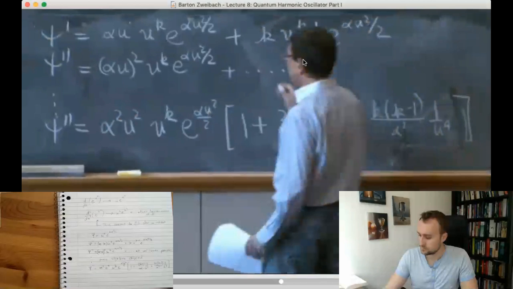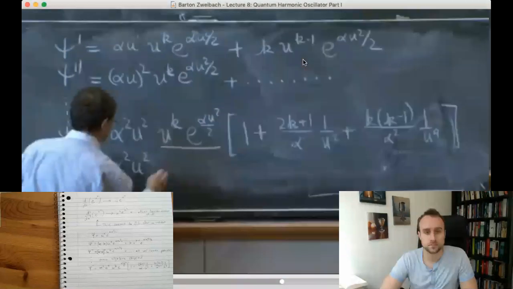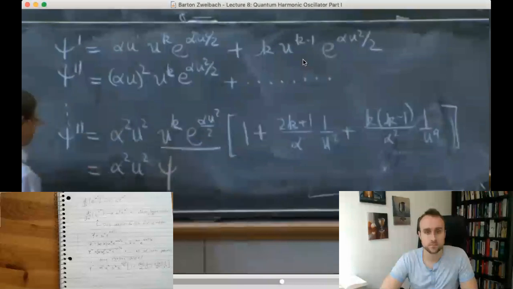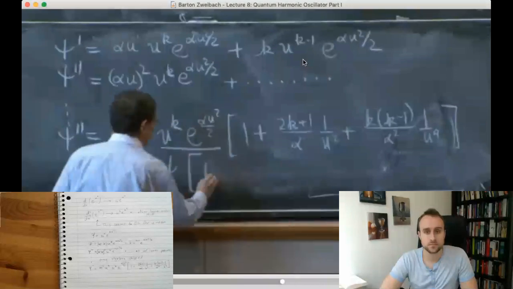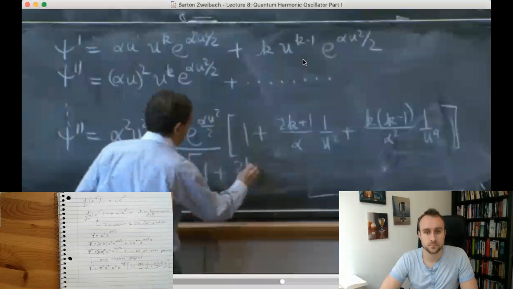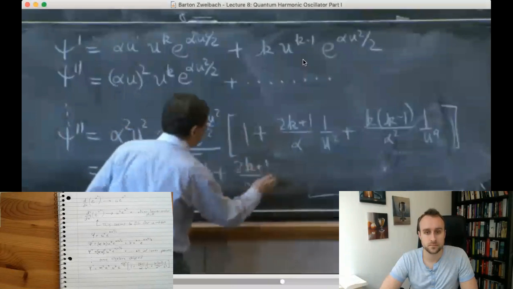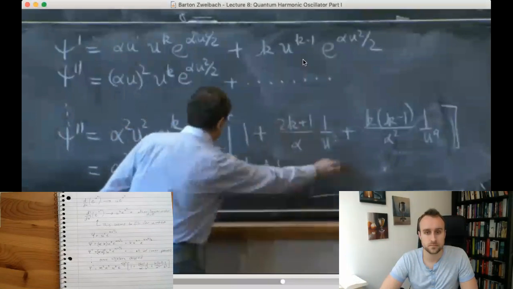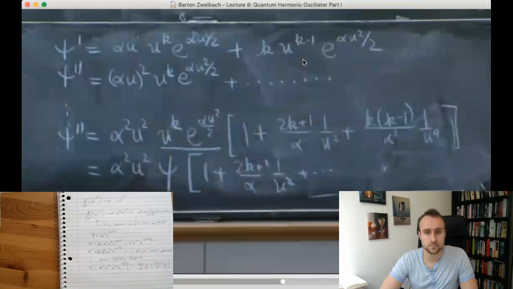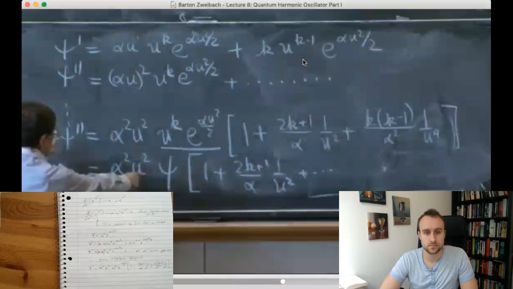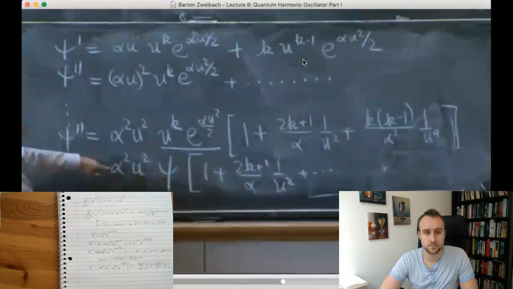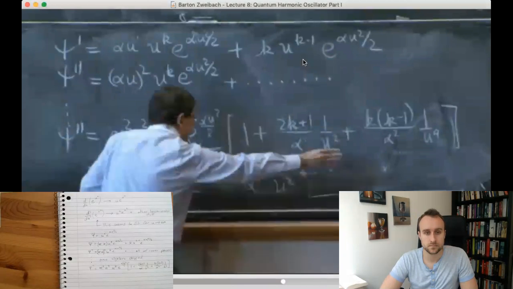Look, this is u squared times psi times these things, 1 plus 2k plus 1 over alpha 1 over u squared. So when u goes to infinity, your solution works because these things are negligible.